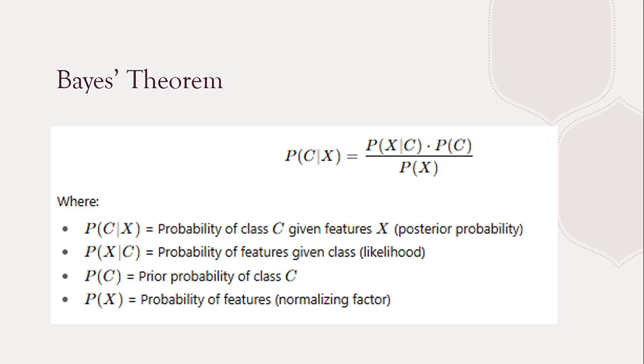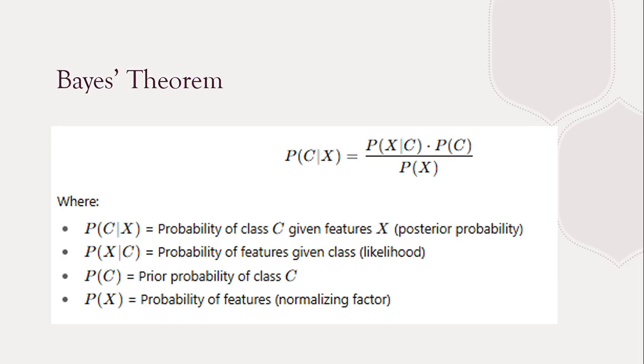Bayes' theorem says P(C|X), that is the probability of C given X, is equal to the probability of X given C into the probability of C, divided by the probability of X. Where the probability of C given X is the probability of class C given the feature X, that is the posterior probability, and the probability of X given C is the probability of features given class, the likelihood.